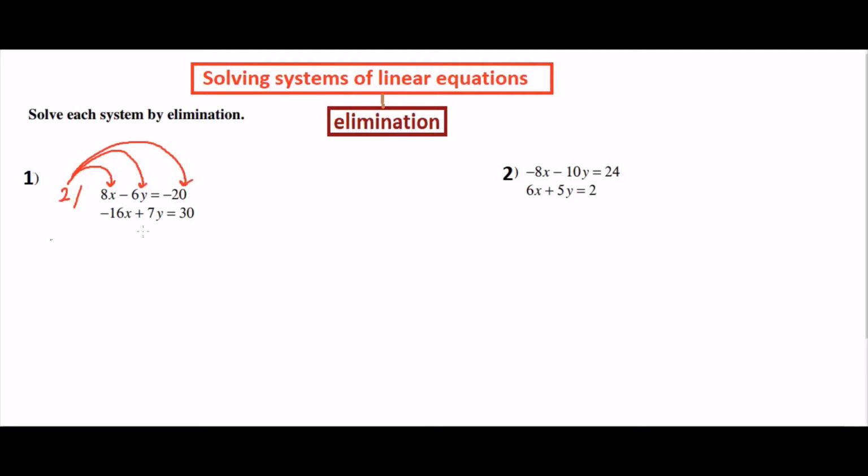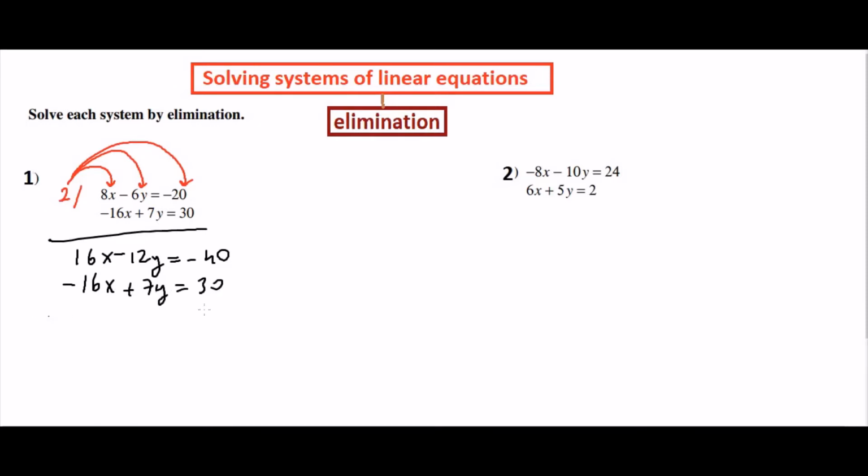If I multiply the first equation by 2, I need to multiply each term by 2. So I obtain from the first equation 2 times 8x is 16x, minus 2 times 6 is 12y, and 2 times negative 20 is negative 40. We did not change anything in the second equation, so I write it as it is.